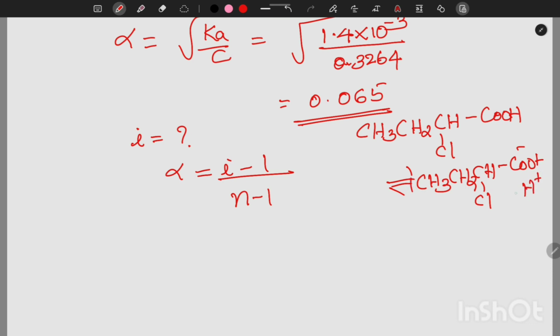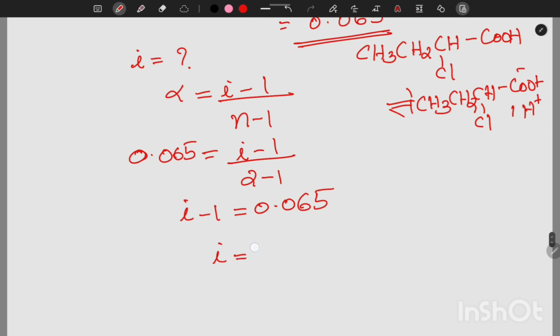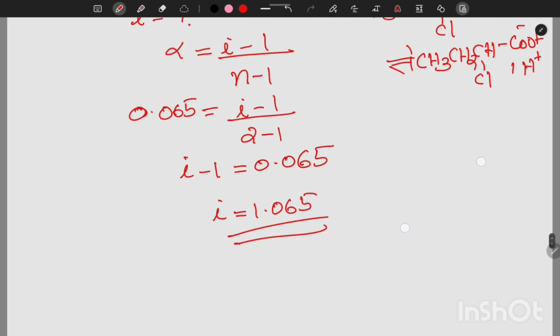So here the number of moles on the product side is 2. That is equal to i minus 1 by 2 minus 1. 0.065 is equal to i minus 1, so i equals 1.065. So that's the Van't Hoff factor.